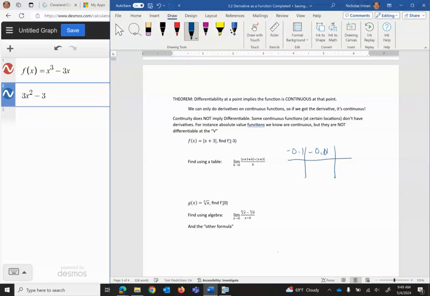Those are negatives on the left. And then the right side would be like positive 0.1, positive 0.01.